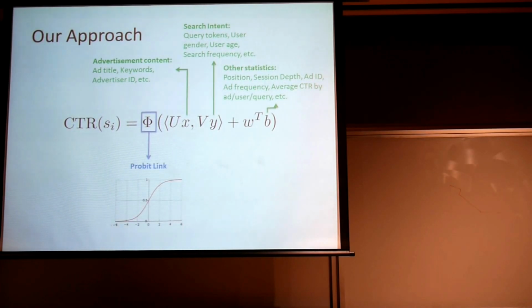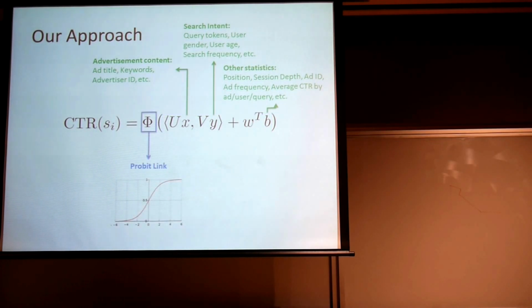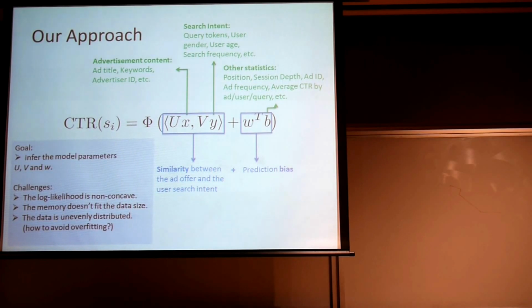Also, we introduce a prediction bias, W transpose B, and we use a sigmoid function to map the real value to the CTR rate that lies between 0 and 1. And all the parameters have a Gaussian prior. So the goal of this model is to infer the parameters, the U and V matrices and the W vector.